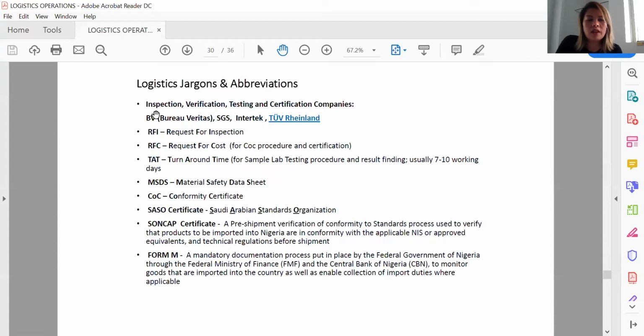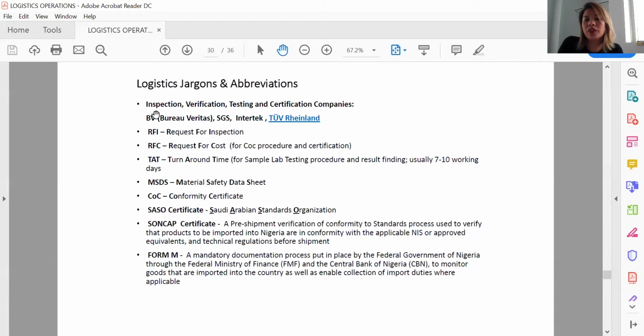If you have some sensitive cargo and you need to ensure that your supplier is giving you quality cargo, then you demand a COC, conformity certificate or certificate of conformity.